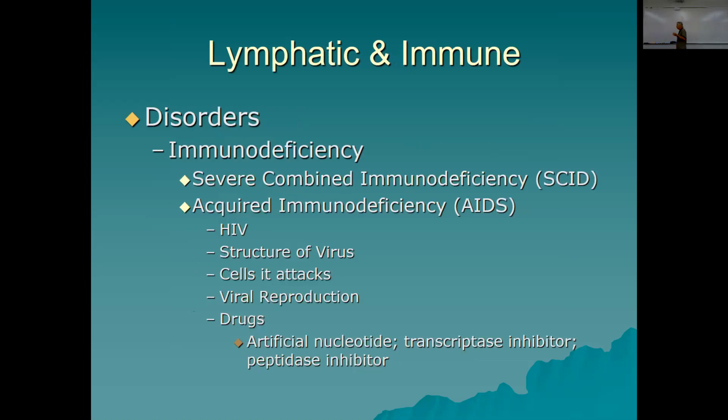Then there's immunodeficiency. It's something called severe combined immunodeficiency, or SCID. This is essentially you're born without an immune system. You don't have an immune system. And you have to be protected from every foreign organism, every virus, even though lots of them are innocuous, because you don't have an immune system.